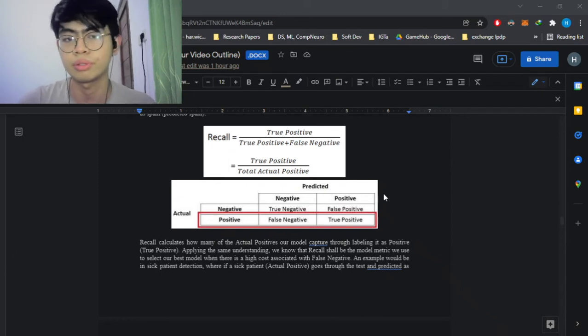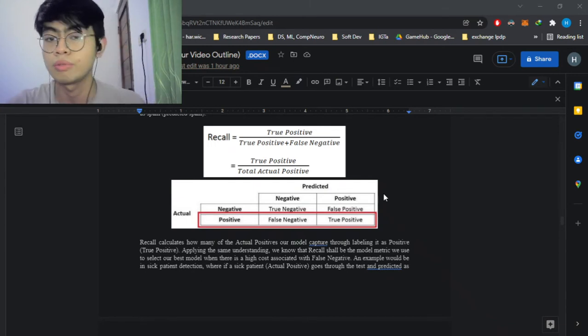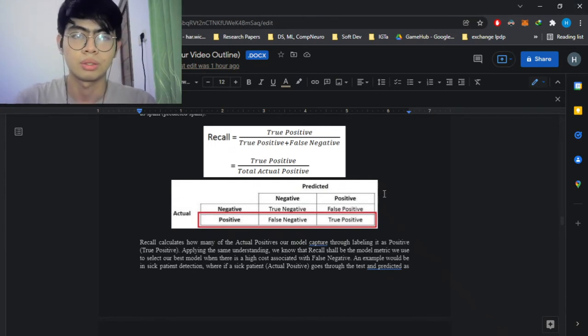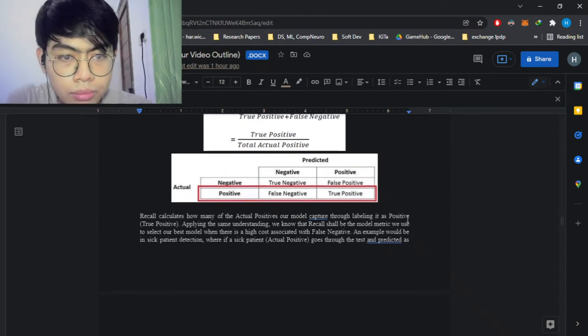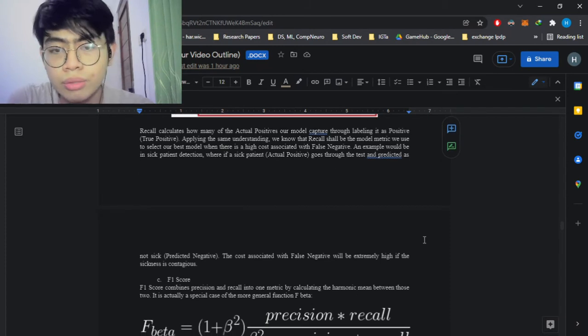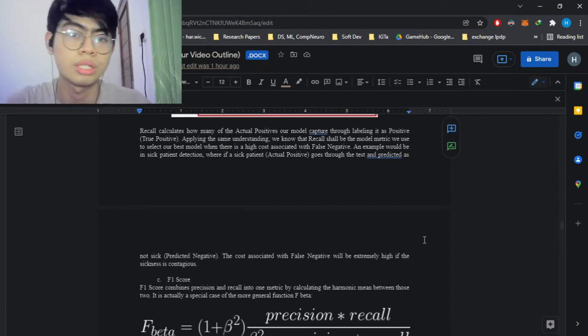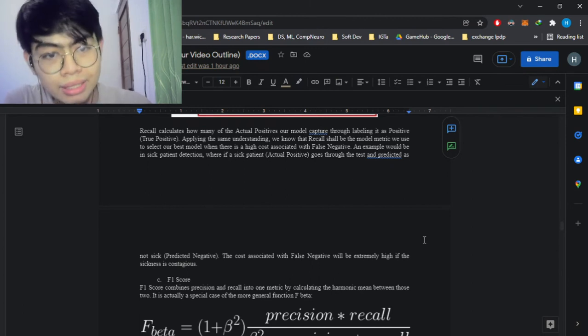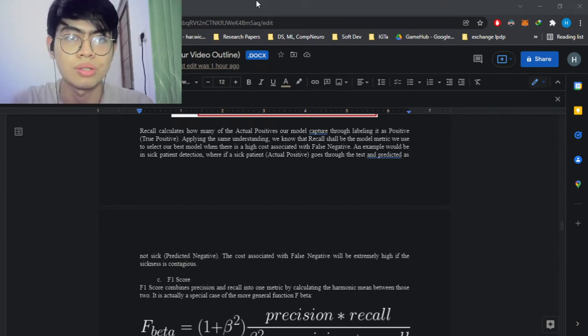This is very different as opposed to precision, where you want to be very sure of our prediction. And in the case of COVID-19, for example, the cost associated with a false negative will be extremely high if the sickness is contagious.